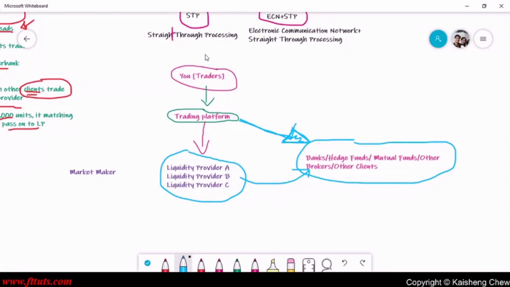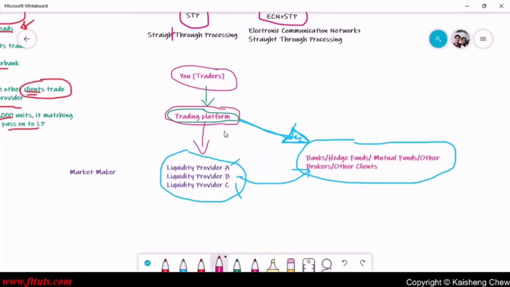So from STP, they will go through the trading platform, go to the liquidity provider, then only they put your order through the pool. There are a lot of companies, say company A, B, and C. So their asking price and bid price will all be different. In that case, your broker will match your price.